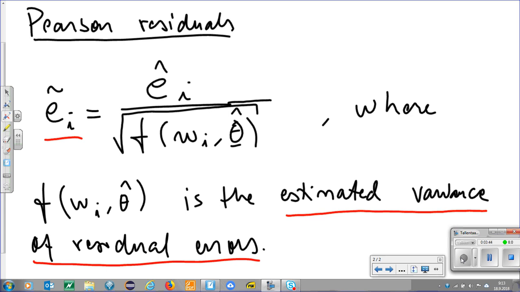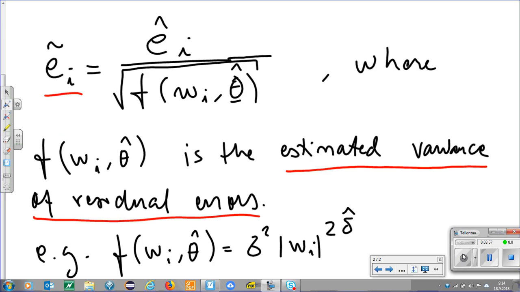Because this variance function allows heteroskedastic variance, we are actually dividing the raw residual by its estimated standard deviation. For example, if we had the power type variance function, then the variance we use in this definition is the one based on the power function, using the estimates for both parameters of the variance function.